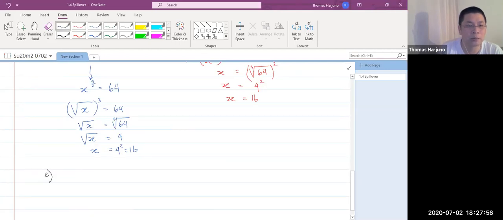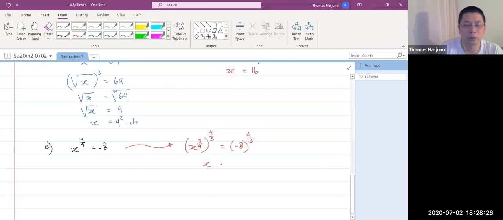Part E. x to the power of 3/4 equals -8. Red color. x to the power of 3/4 to the power of 4/3 equals -8 to the power of 4/3. x equals the cube root of -8 to the power of 4.